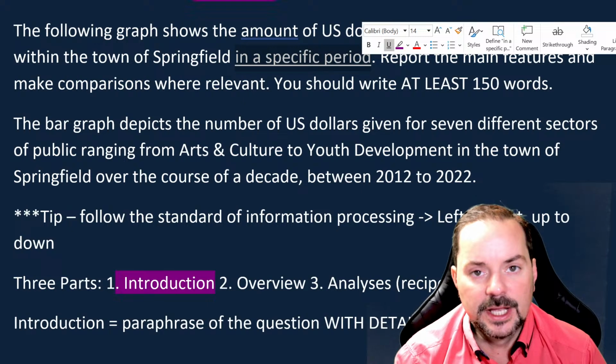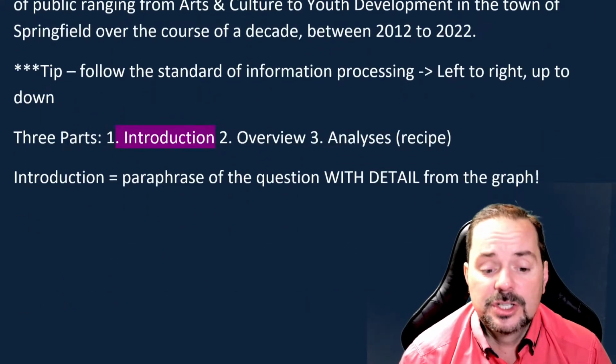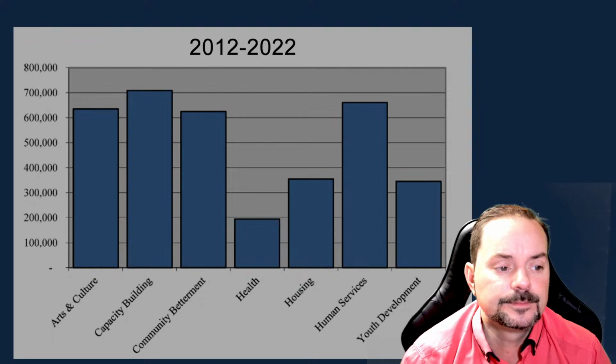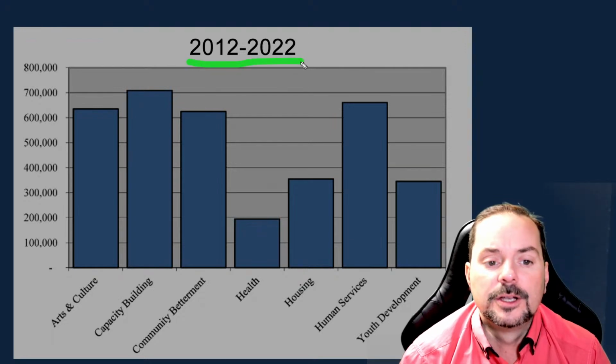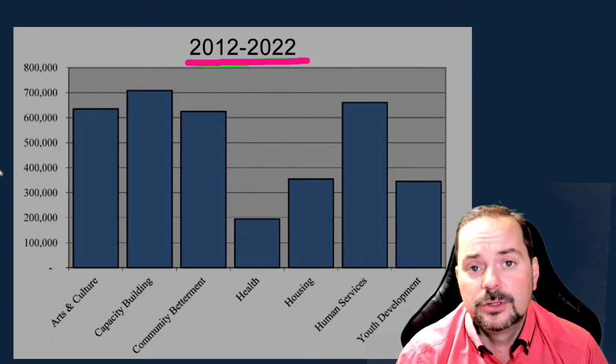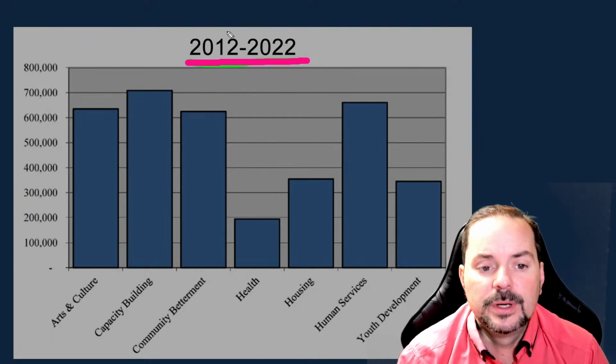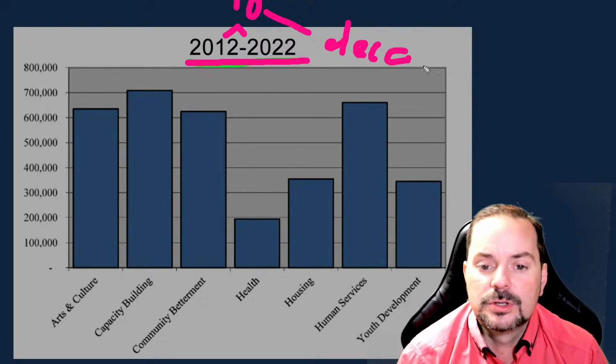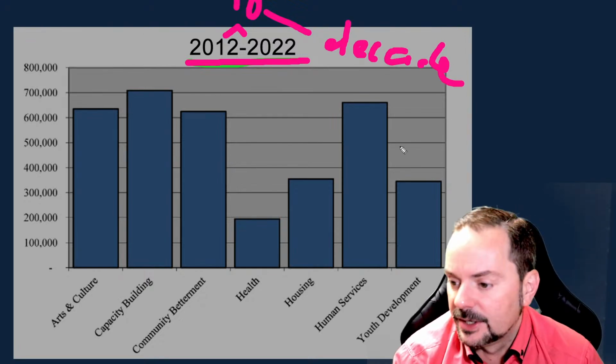So instead of writing in a given time, I actually write the time, right? So we can see the time here, 2012 to 2022. I give that time, and I realize that time is 10 years, and 10 years is a decade. So, using some nice vocabulary for that.